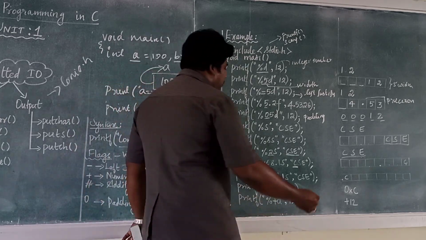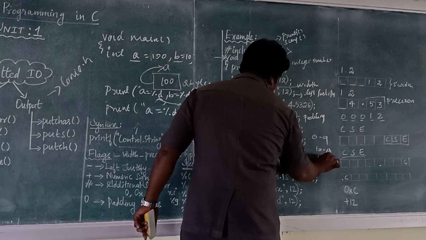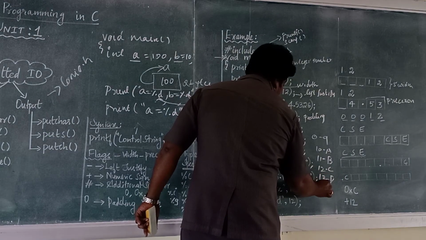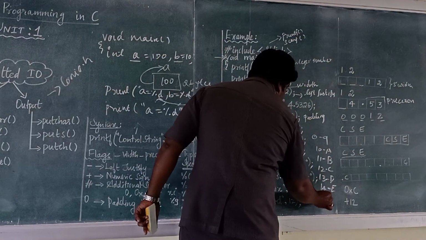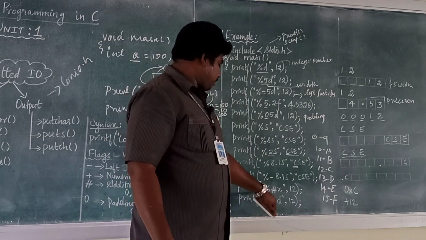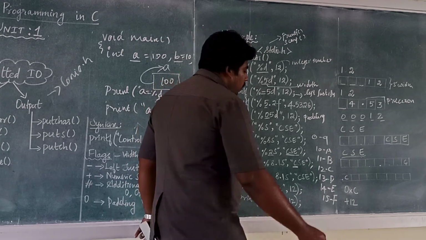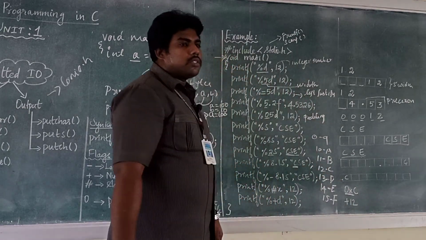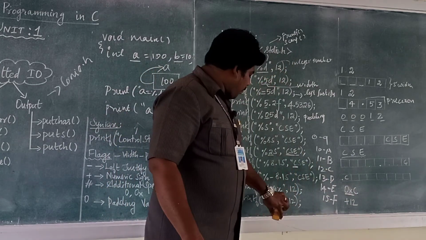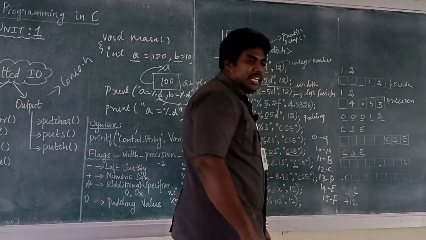For hexadecimal numbers, 0 to 9, then 10 denotes capital A, 11 denotes capital B, 12 denotes capital C, 13 denotes capital D, 14 denotes capital E, and 15 denotes capital F. So here the value is 12. As you are using this flag, you will get the prefix 0x. 0x means hexadecimal. What is this C? 12 means C. If you are not using this hash symbol, you will get the output only C.